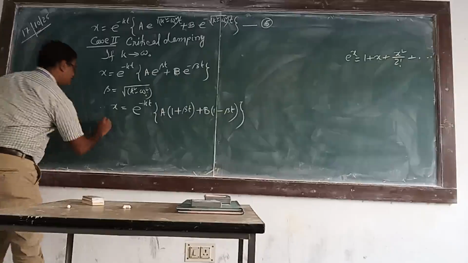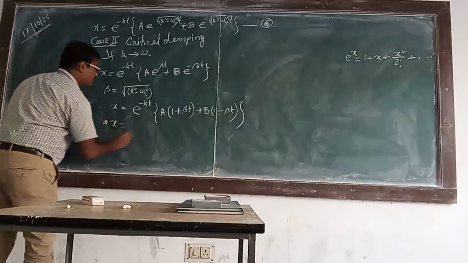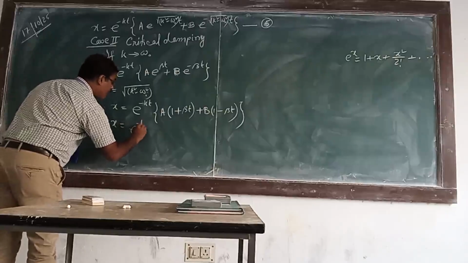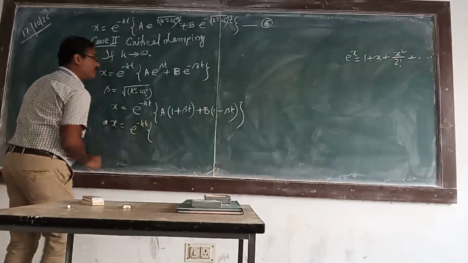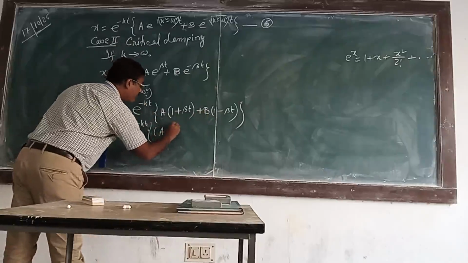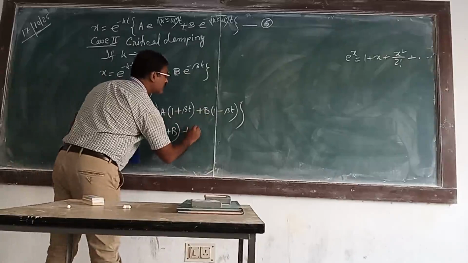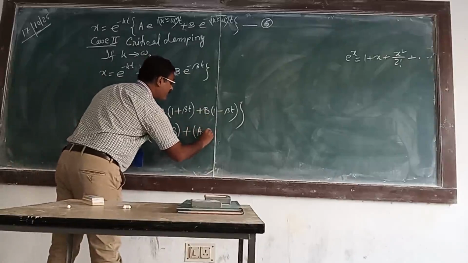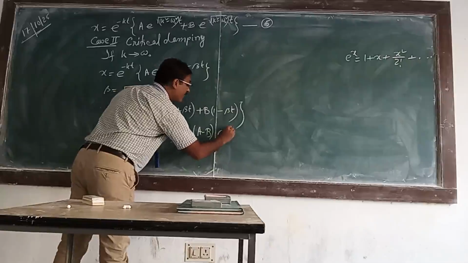So this equals e to the power minus kt into (a plus b) plus (a minus b) into beta t.